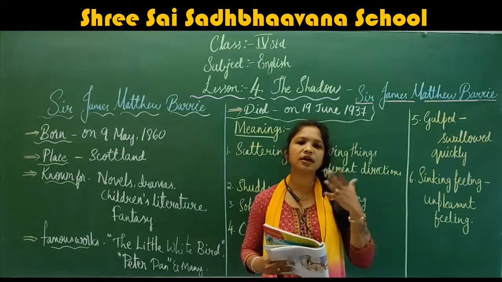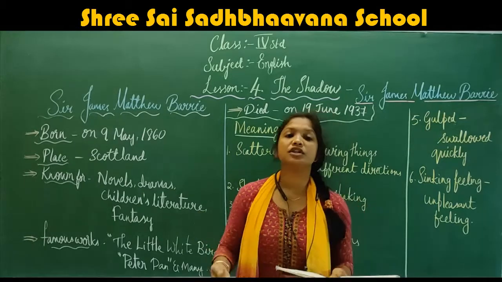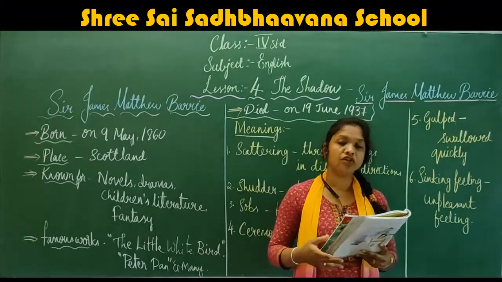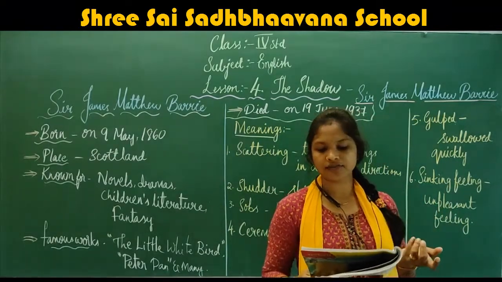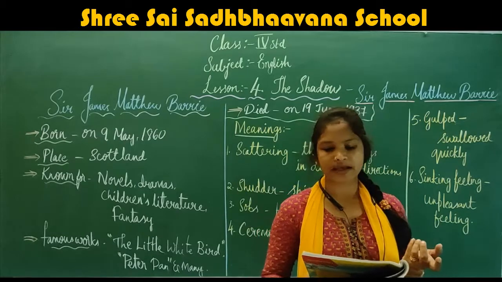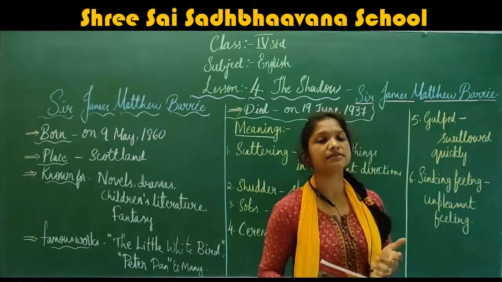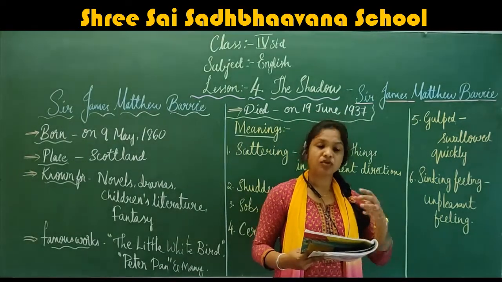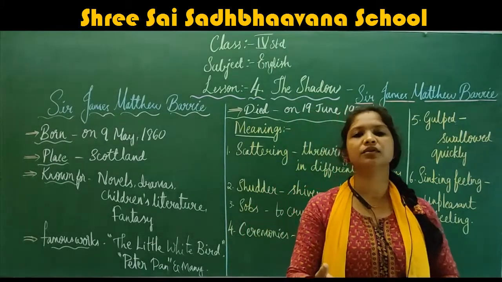Now he did not think about anything. He did not listen to Wendy. He started to jump in the wildest glee. Glee means here happy. So he started to feel happy. "Alas, he had already forgotten that he owed his happiness to Wendy." Alas means here showing an unpleasant feeling, showing sadness.